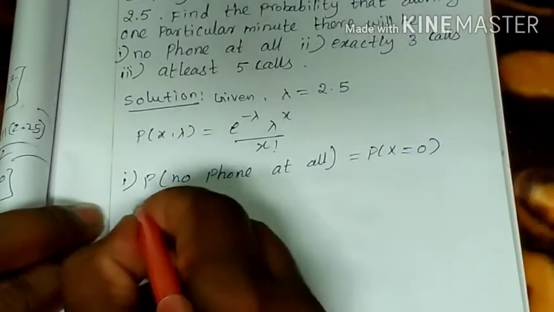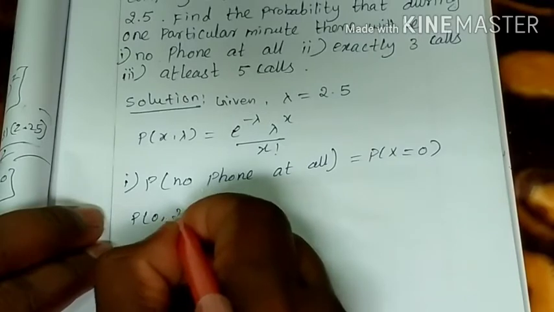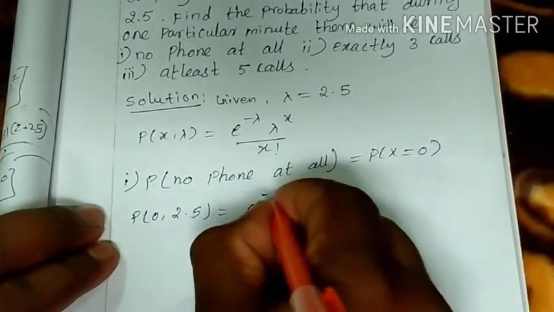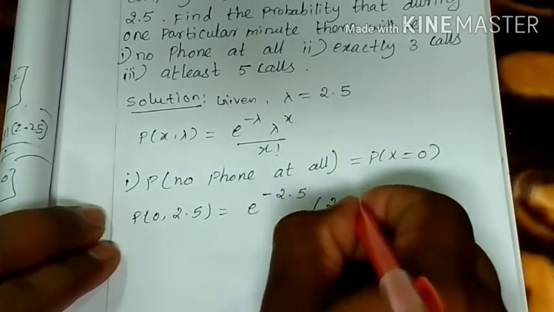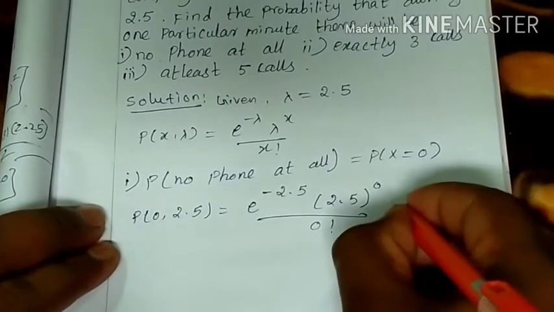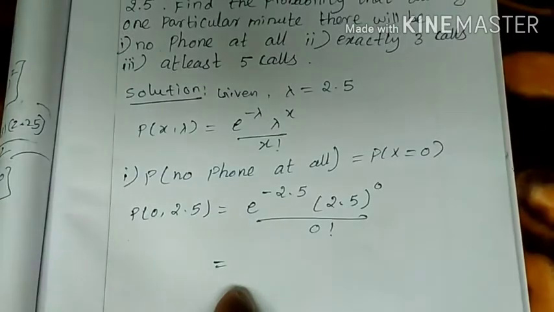Substitute in the formula: P of 0 comma 2.5 equal to e power minus lambda, where lambda value is 2.5, into 2.5 power x, x is equal to 0, divided by 0 factorial, which is equal to e power minus 2.5.